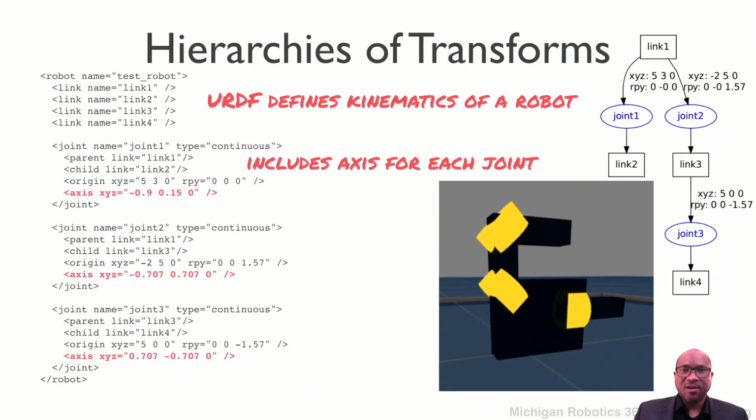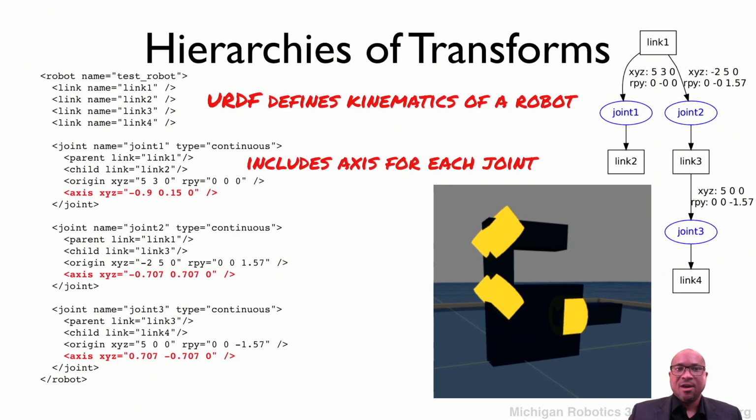As a recollection, when we want to define the kinematics of a robot, we're given the URDF, or some sort of kinematic description, shown over here to the left. It lays out the robot. It tells which links are on the robot and how those links are connected together by joints. And remember, joints connect two links.